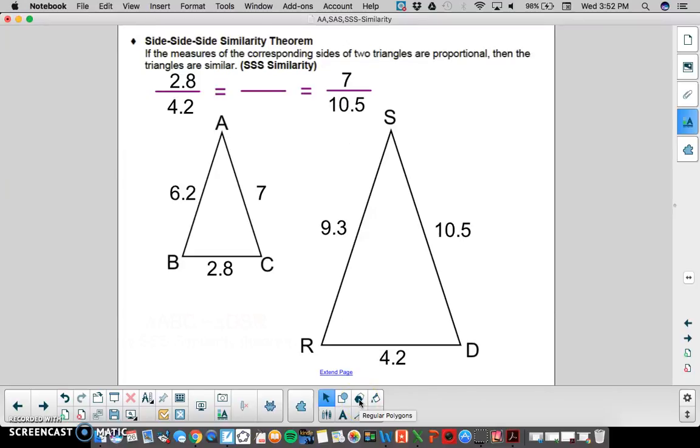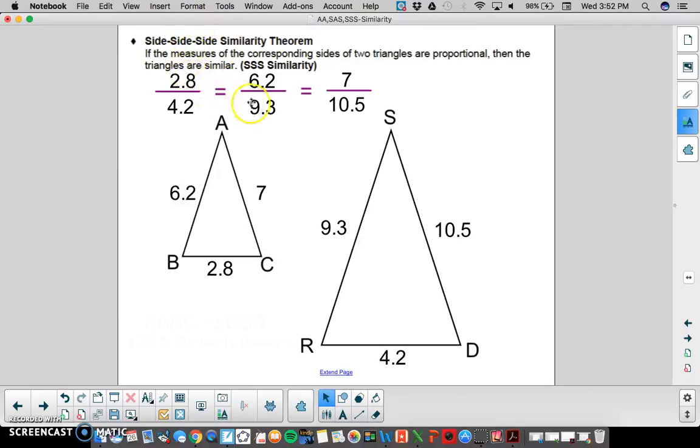So here I know, again, that the middle values will also match up. Once I reduce these fractions down, I notice that they match, and therefore the sides are then proportional.